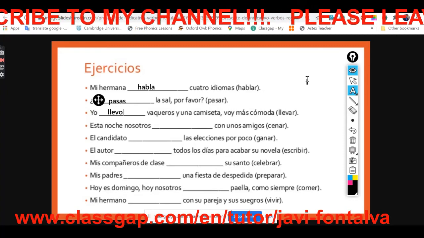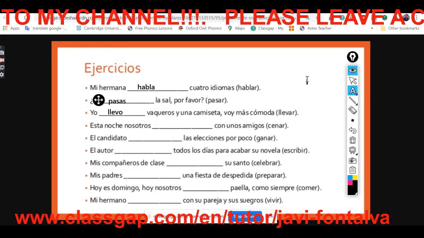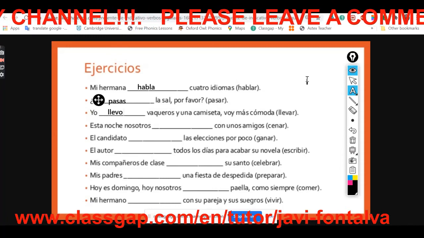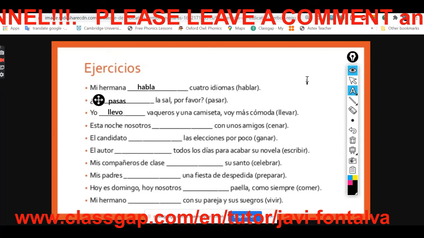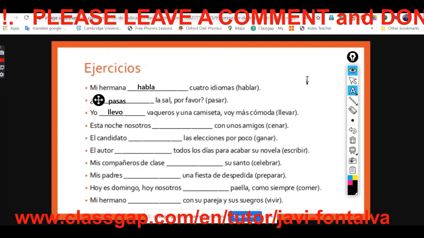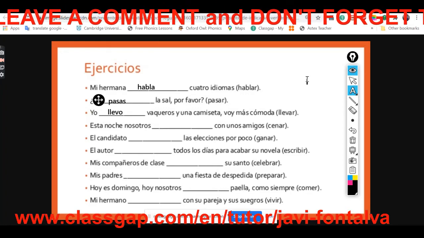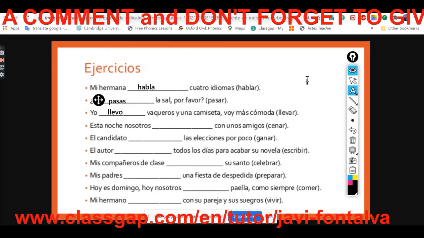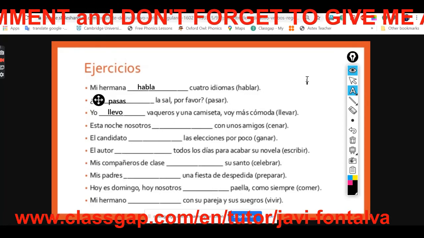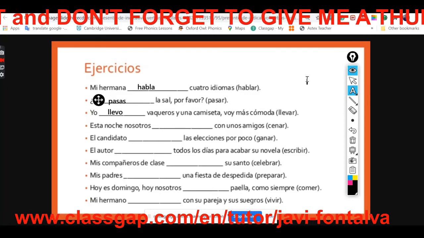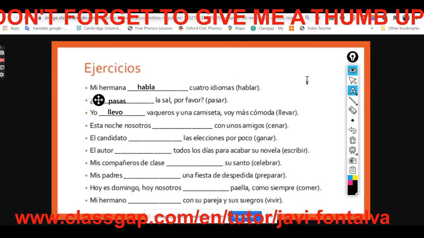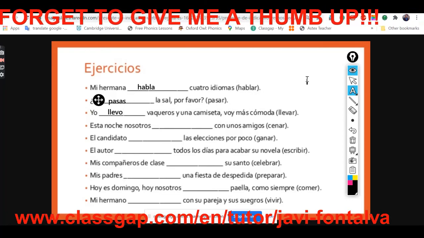Okay. So it sounds like vaca, right? Do you know why we call it vaqueros? I don't know. Okay, because the first people that wore jeans were cowboys. That's why we call it vaqueros, because cowboys in Spanish is vaquero, right?